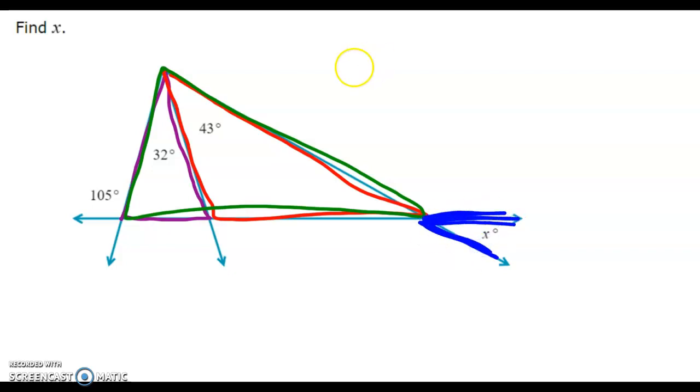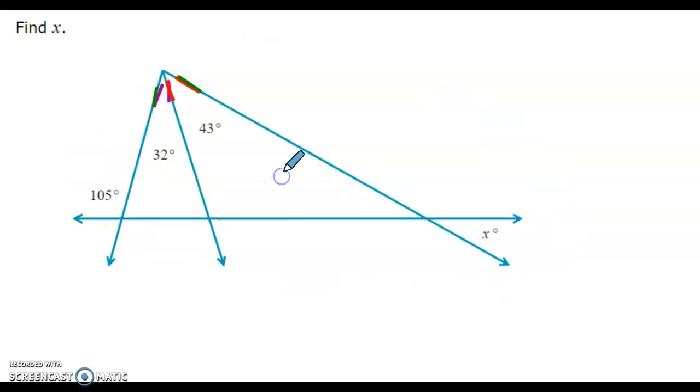Now before we get ahead of ourselves, what we got used to with the transversal work last chapter was being able to take one piece of information that we have and connect it through a string of rules and theorems and congruences and get all the way over to another angle that we needed to find. So that's what's happening here when you're looking at multiple triangles and how you're going to use what you have in front of you to get over to this guy on the side.